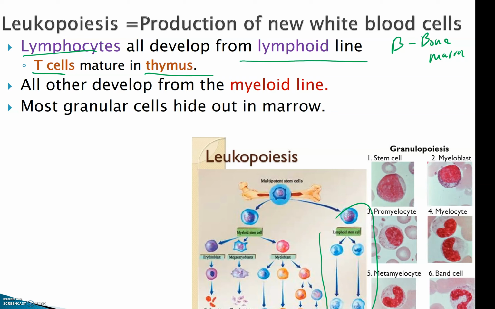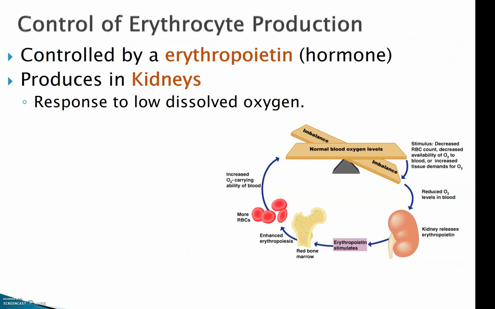All others mature in the bone marrow, and it makes all other cells, the granulocytes, the agranulocytes.